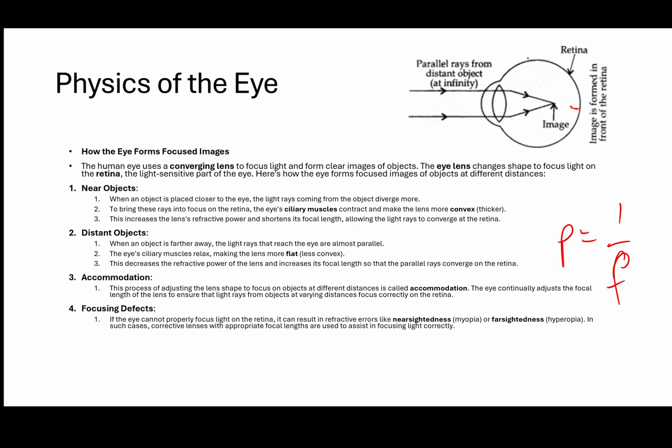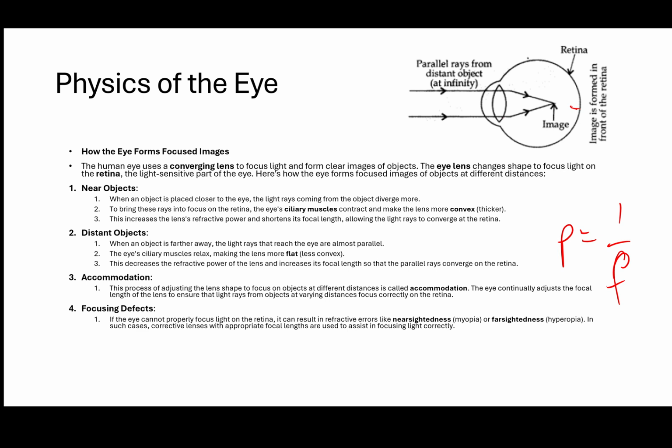So for an object that is close, the ciliary muscles contract, increasing the refractive power of the lens, shortening the focal length, making the lens more convex. For distant objects, the further away it is, the more the ciliary muscles will relax, decreasing the refractive power of the eye by increasing its focal length, making the lens more flat, allowing the parallel rays to converge on the retina.